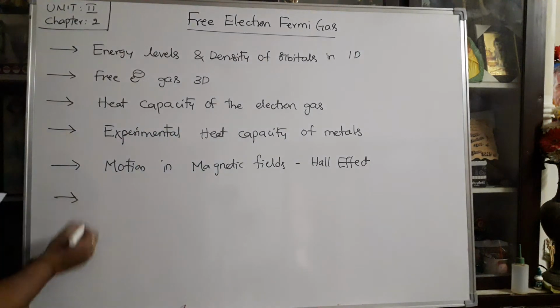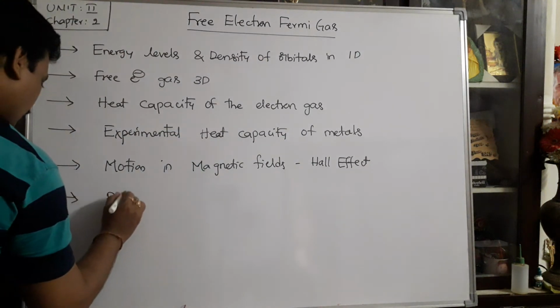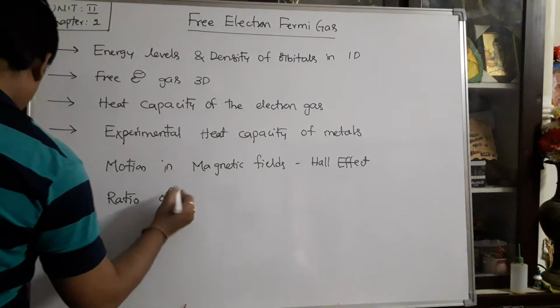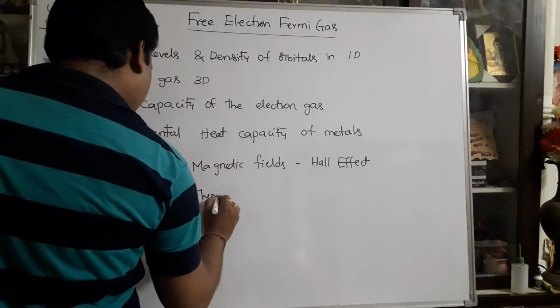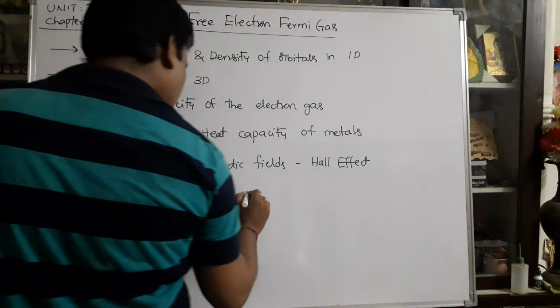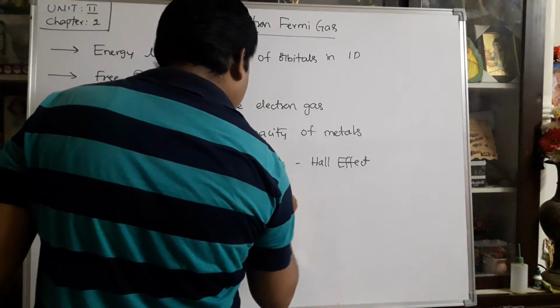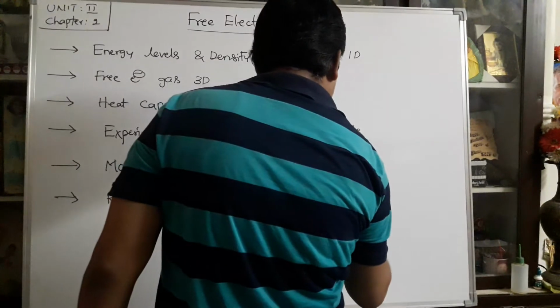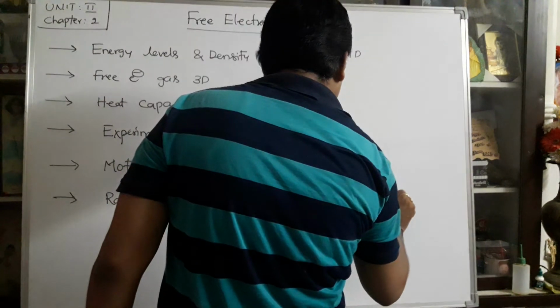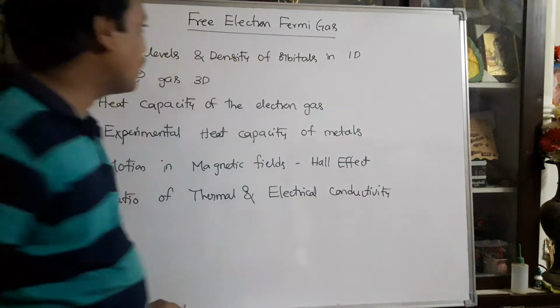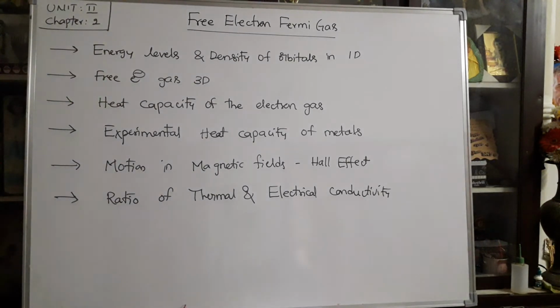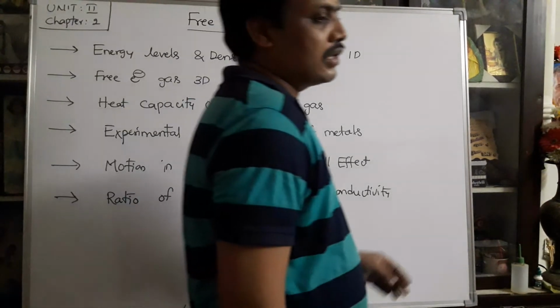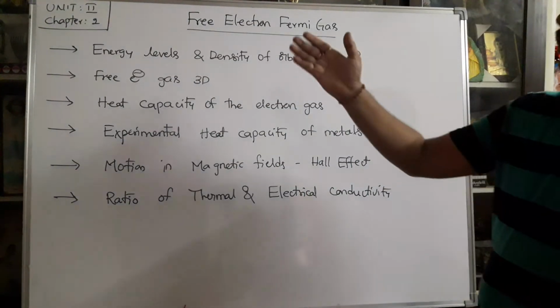And the last topic is the ratio of thermal and electrical conductivity. These are the topics that belong to our present chapter. Approximately 6 main topics exist. That is our chapter number 2 in unit number 2.